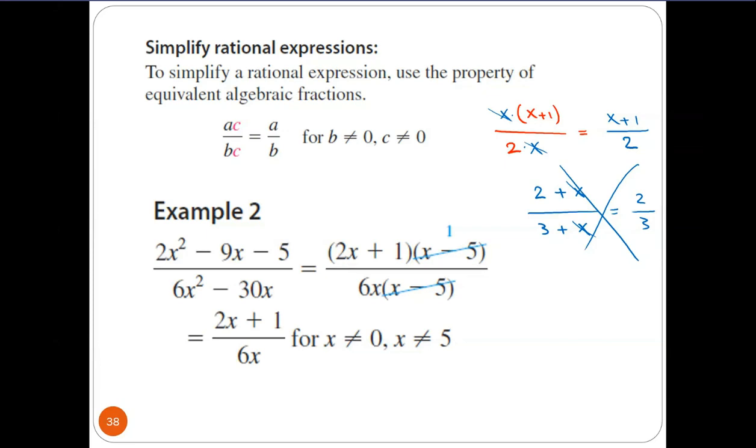Now, if we have an example like this, we have an expression, polynomial over polynomial, and we need to simplify. Simplify means find the factorization of the numerator and denominator. Now we have 2x squared minus 9x minus 5. We can distribute 2x squared as 2x with x in two brackets.